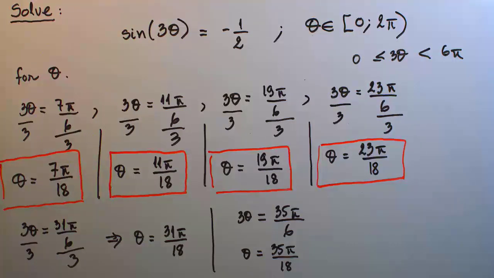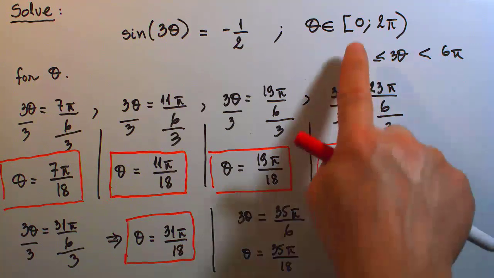And our next one here is theta equals 31 pi over 18. Again, 31 over 18, it needs to be 36 over 18 in order to equal exactly 2. So here we're only looking at 31 pi over 18. That means we're still less than 2 pi, and so this value of theta also passes to be inside of that restriction interval.